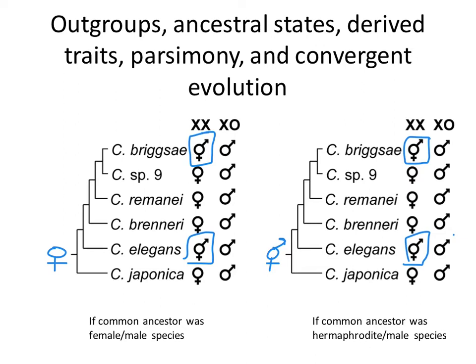So take a couple minutes, just try to figure out, draw a line on the branches where you think these transitions from female to hermaphrodite or from hermaphrodite to female would have happened. Best explains the data we see on the tree. And again, please ask questions if you have them as you go.